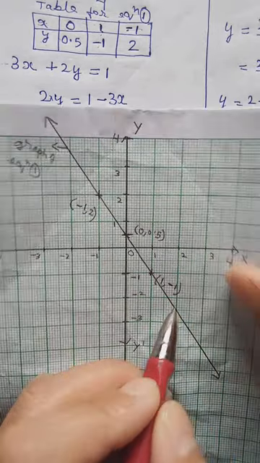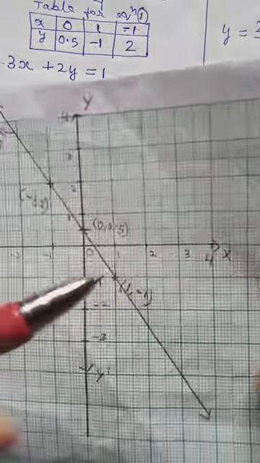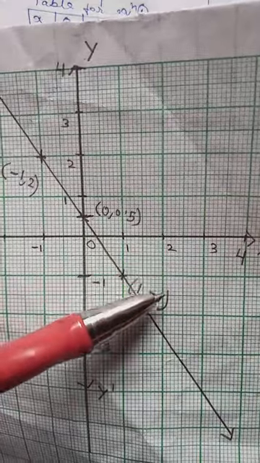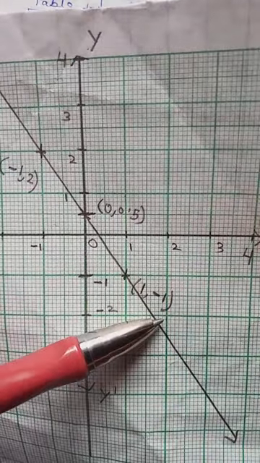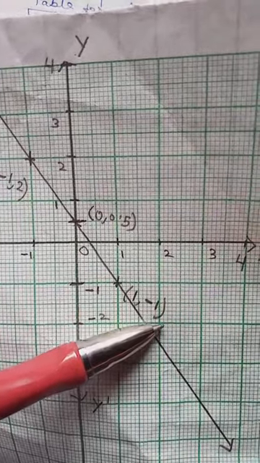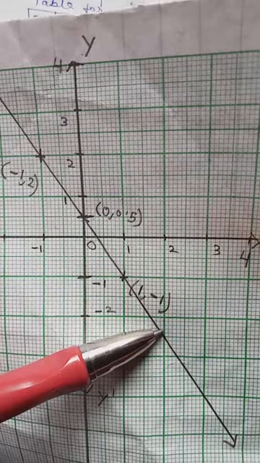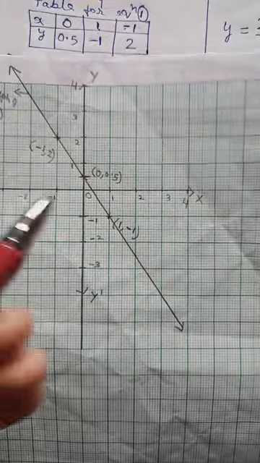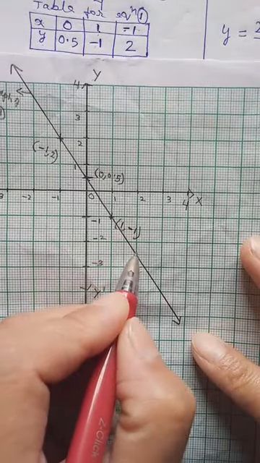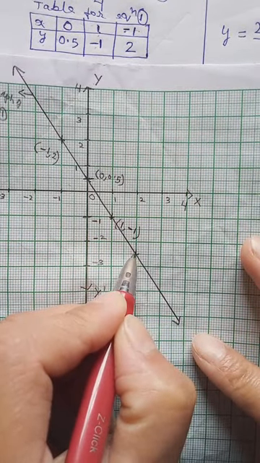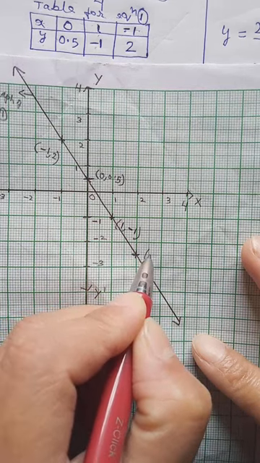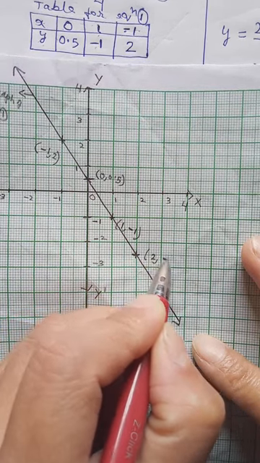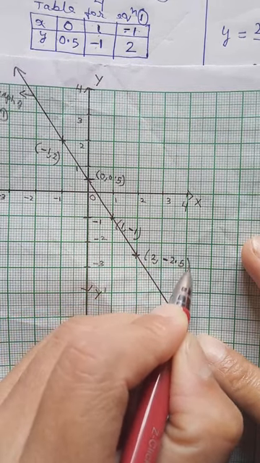You can count here properly like that. You see, from here you have minus 1, then minus 2, then you count like this, 1, 2, 3, 4, 5. So you mark this point here. After you mark here, it falls on the same graph. So 2 comma minus 2.5.